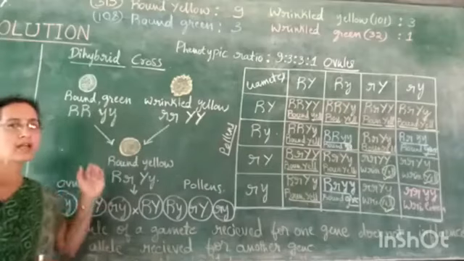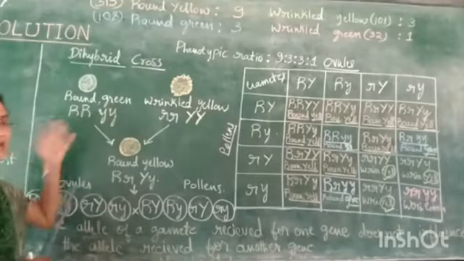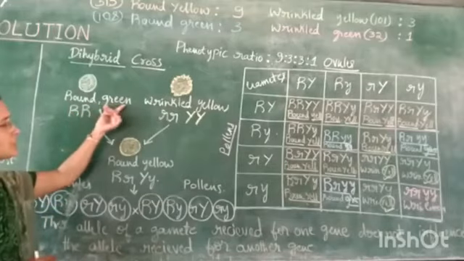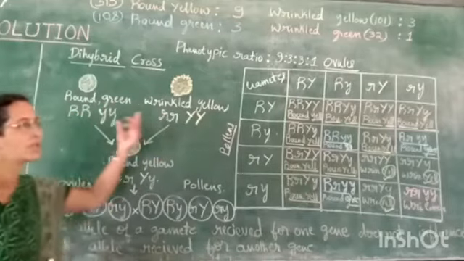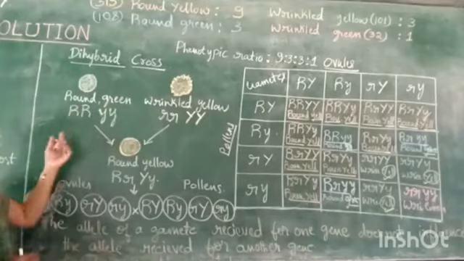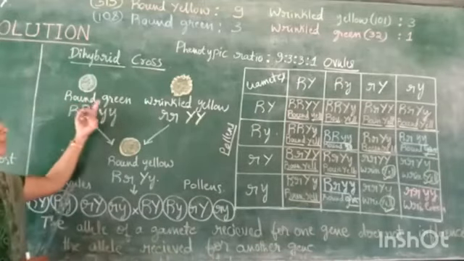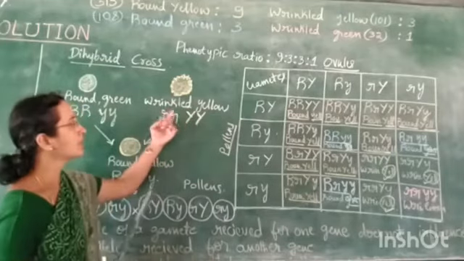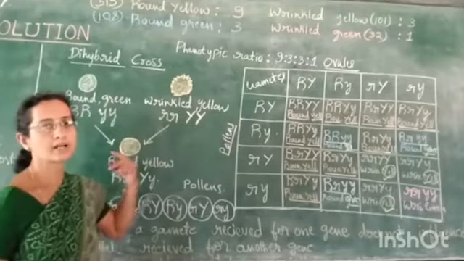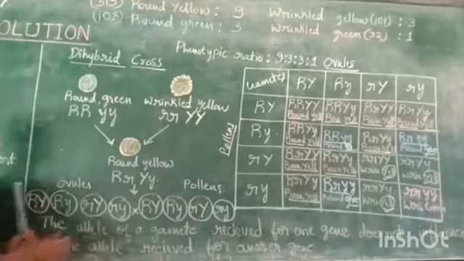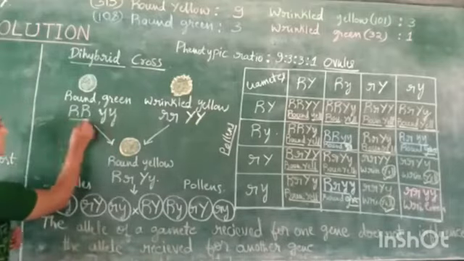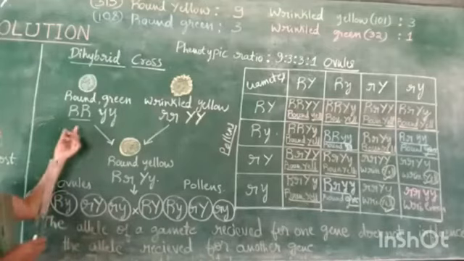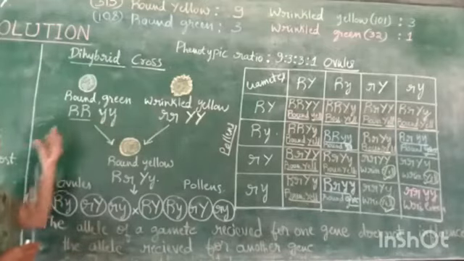The second character was the color of the seed. The color of the seed was considered as green and yellow. Here you can see the seeds which are round in shape and green in color. Here you can see the wrinkled seeds with yellow color. Here we denote those factors present in the character by alphabets.